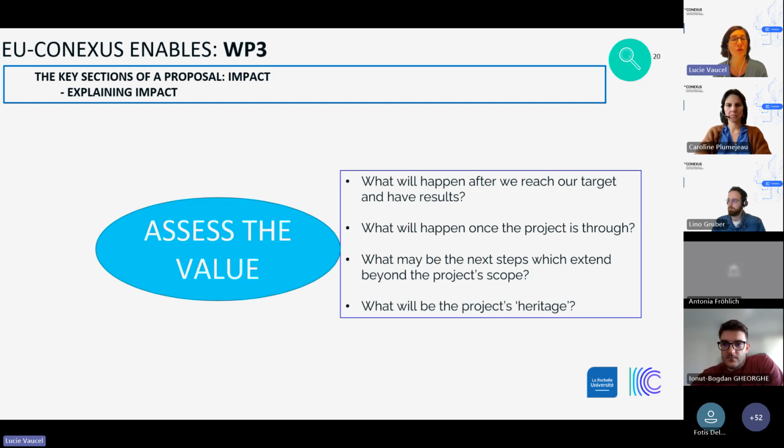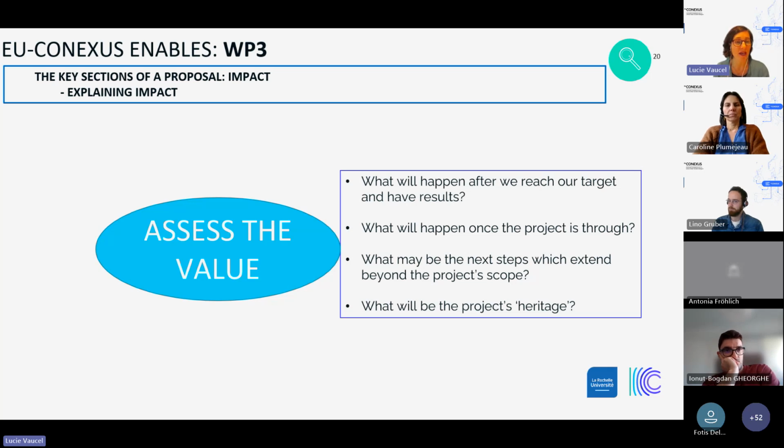What will happen after you reach your target and have results? What will happen once the project is through? What may be the next steps which extend beyond the project scope? And what will be the project's heritage? What will remain after your project is over? Those are really important questions.